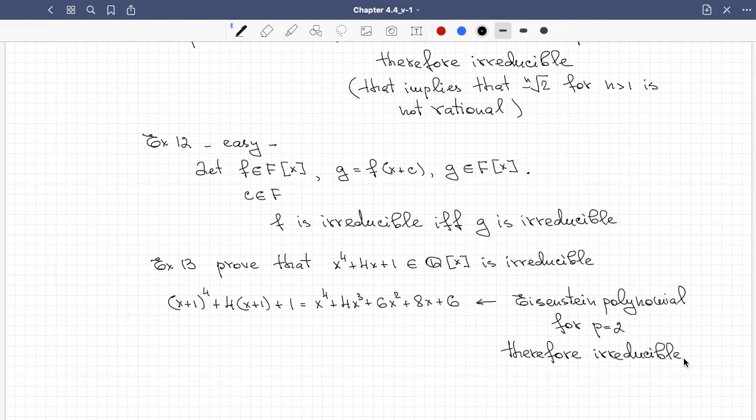Now we can go back and use the statement of exercise 12 with c equals 1. This becomes the g from this exercise with c equals 1, and this polynomial is irreducible. That implies that our original polynomial was also irreducible.